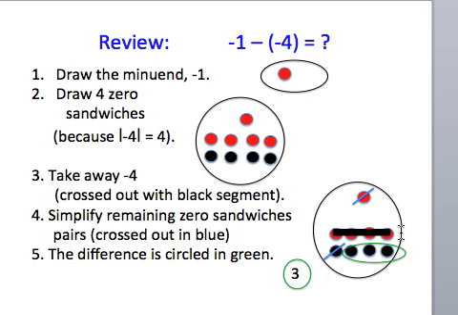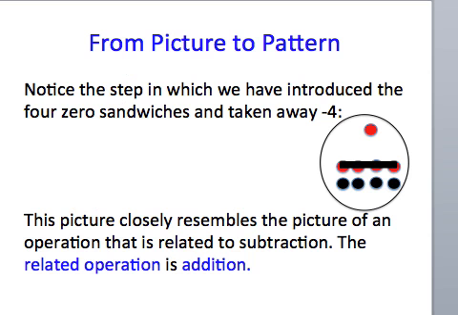They're crossed out right here. Simplify the remaining zero sandwiches right here with the 2 blue lines, and then circle the remaining chips, in this case 3 black chips, which represent the number +3. If you're having trouble remembering how to do this, then you need to go back to the previous video on subtracting integers to review and remember.